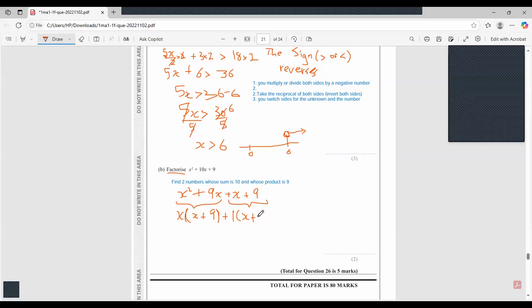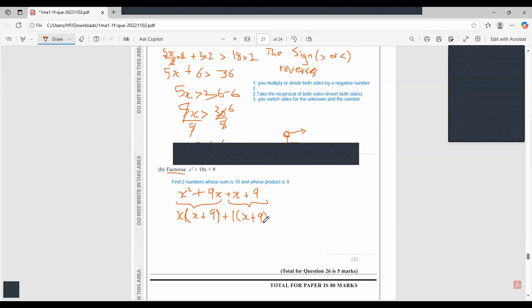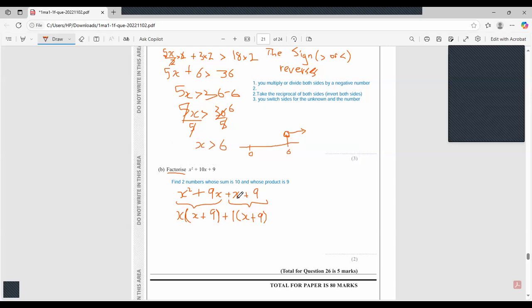Did you see what I just did now? Did you notice it? The 1. Remember, the whole idea is for you to find what is common between those two numbers, and to make sure that you have a bracket that is exactly identical to the first one.